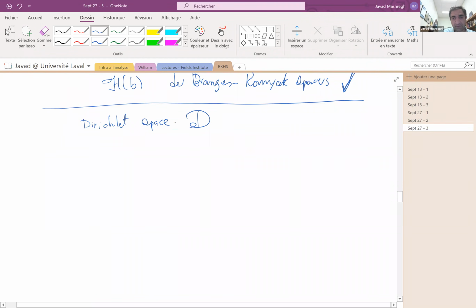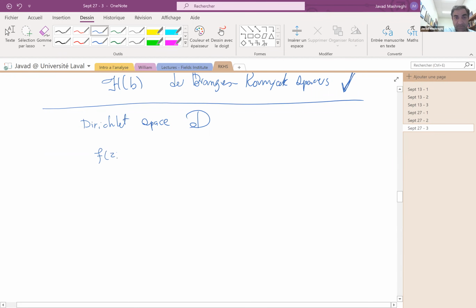Recall the definition of H2. We put a restriction on the coefficients. Here it is the same, and in the Bergman space it is also the same, but we add a weight.